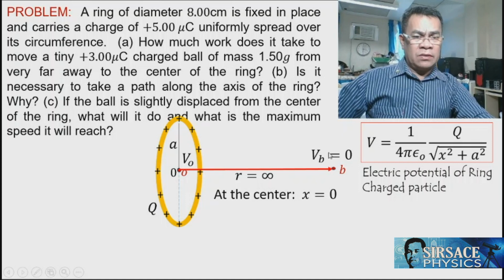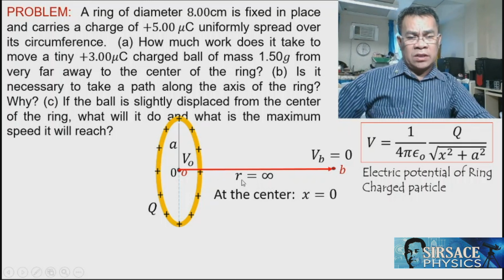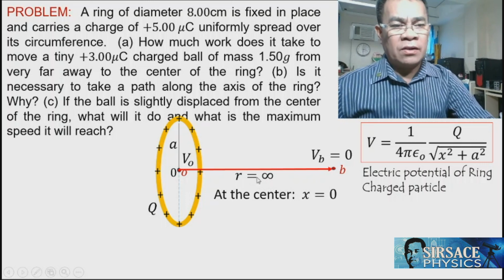The electric potential is 0 only if that point is located at a far away distance, which means at infinite R.